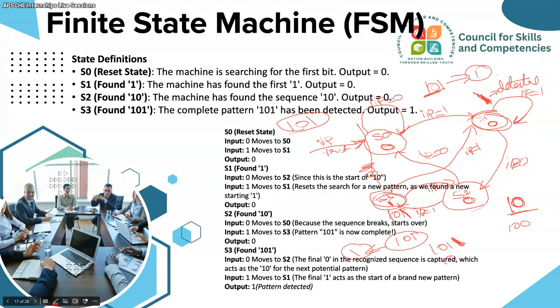Suppose after 101, if our input is 0, that means there is a chance of the next 101 coming. It is overlapping, as I told. So now it wants to move to the next state because this is the one which has 10. Likewise we try to complete it.